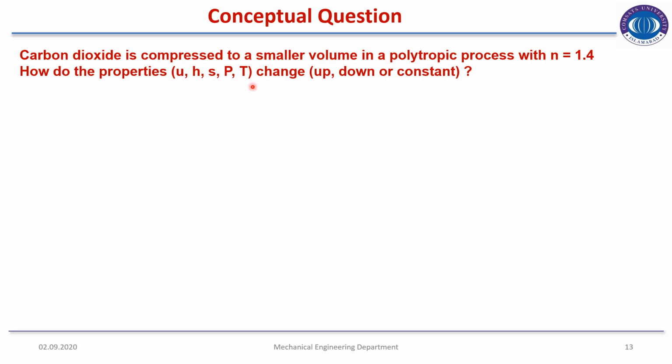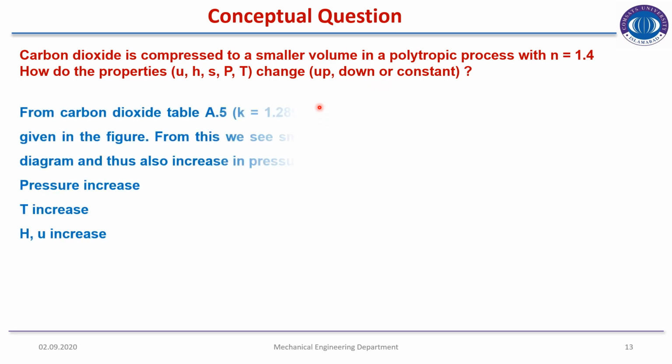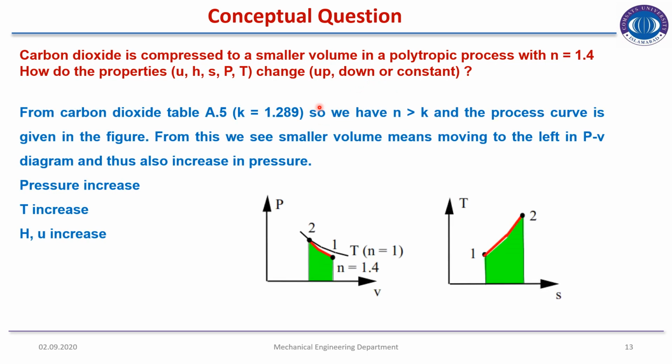We have been asked to check whether their value will increase, decrease or remain constant. For carbon dioxide we have table A.5, where the value of k is mentioned as 1.289.